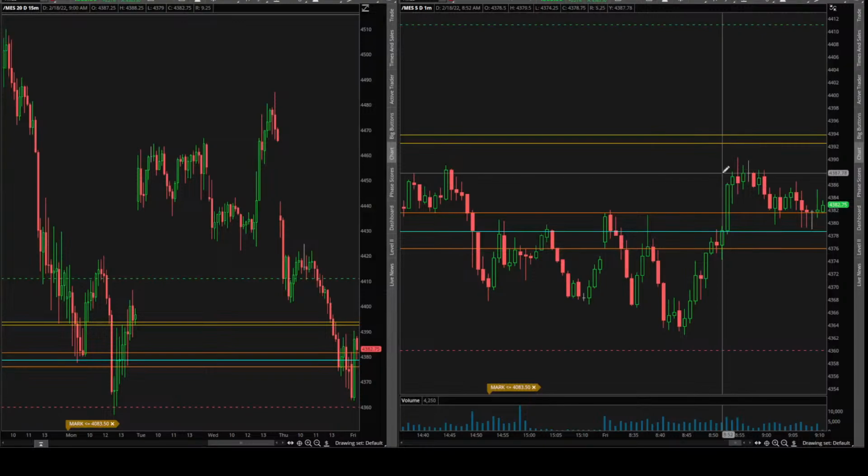All right, so my first scale out's going to be here, this 88 level. Kind of getting that curl I thought we might get. Really not complete yet. Was looking decent on the 5-minute.